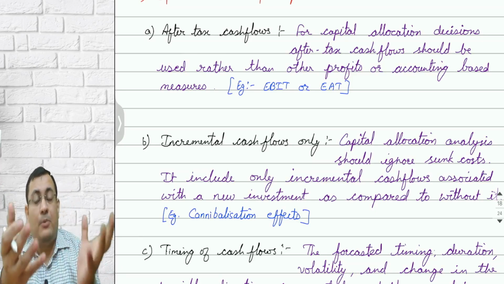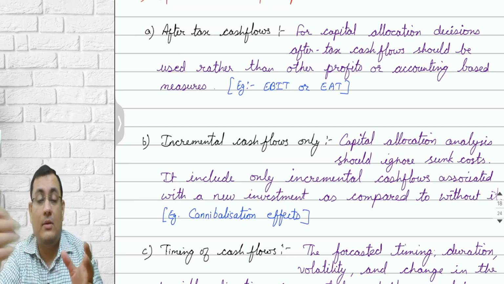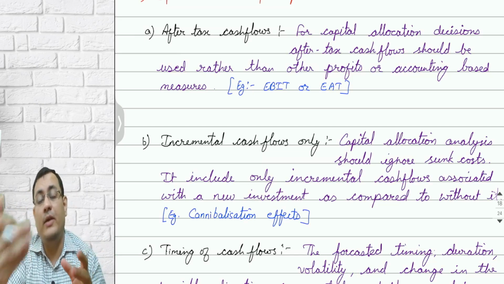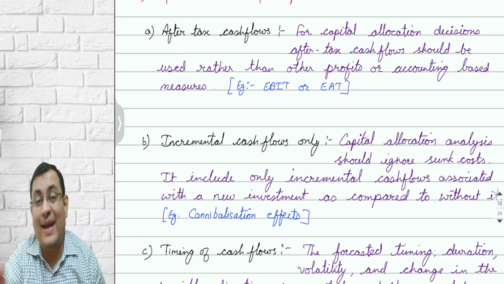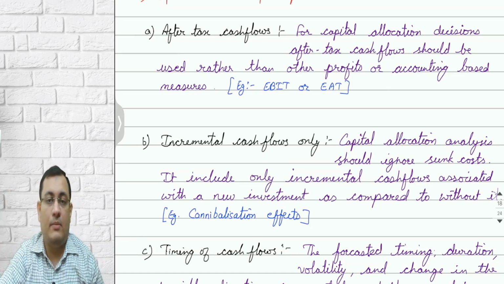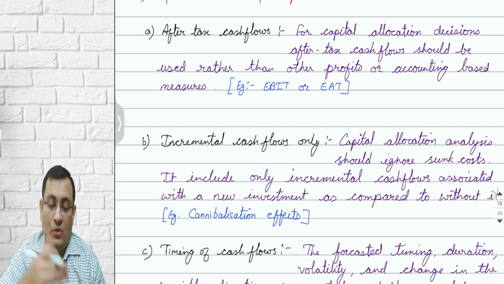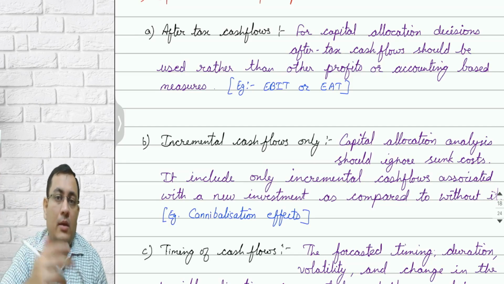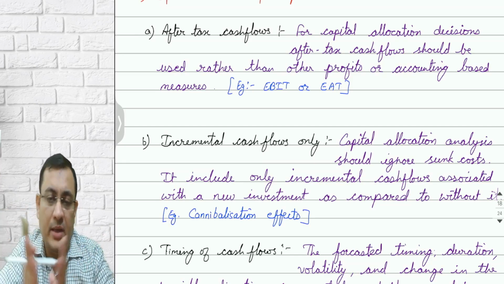Because initially your profit is very high, you will go for selection of that project, but after 1 or 2 years down the line, you will feel that this project is actually not adding value but reducing value, reducing the wealth of the company. So that is the first reason. Number 2, the accounting numbers, profit, are based on various assumptions.